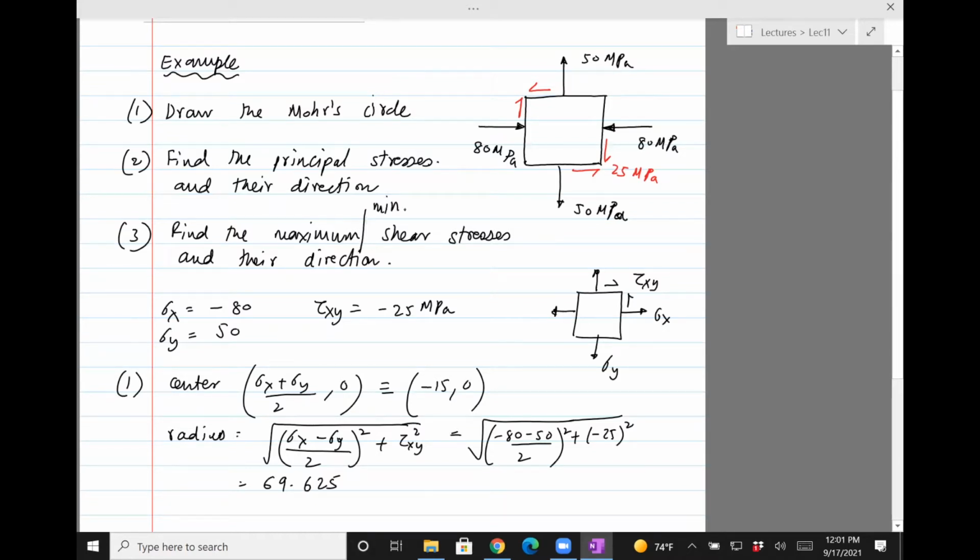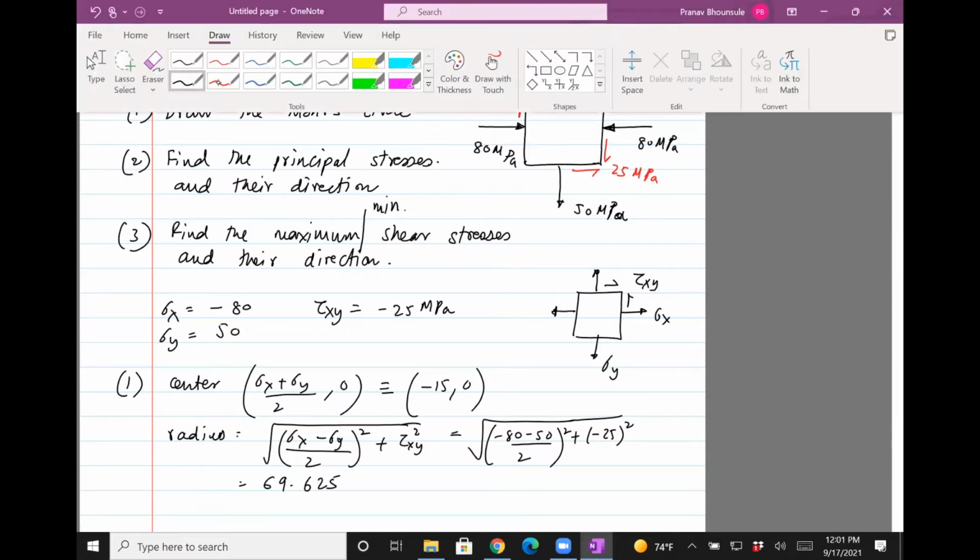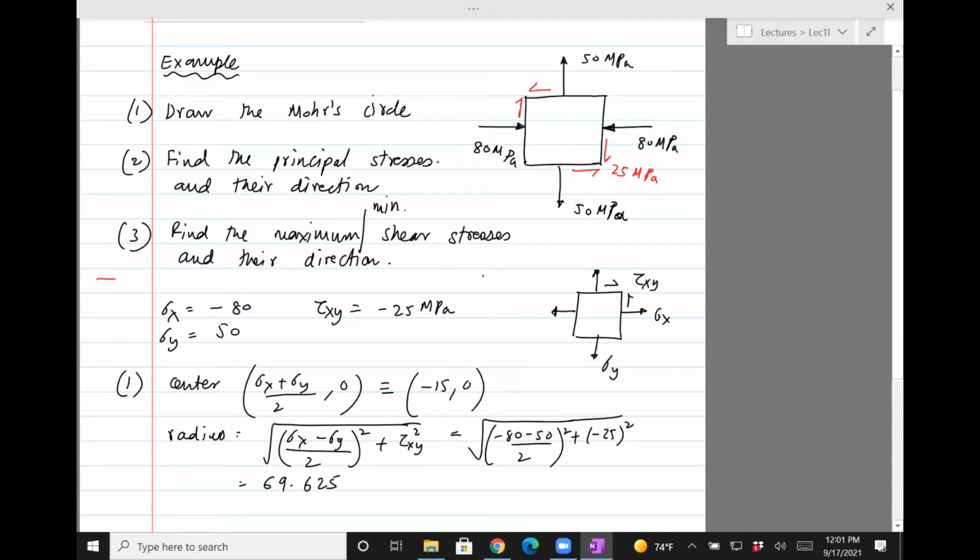And so we need to take what we have over there and translate into variables of interest which were used in our derivation. So sigma x is the stress in the x direction. You can see that it is compressive, so I put a negative sign, so minus 80.